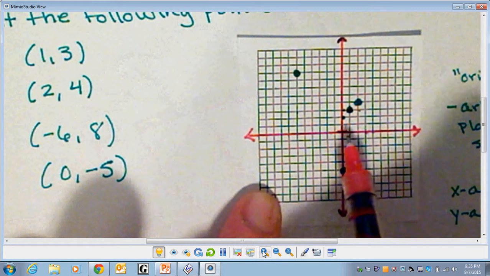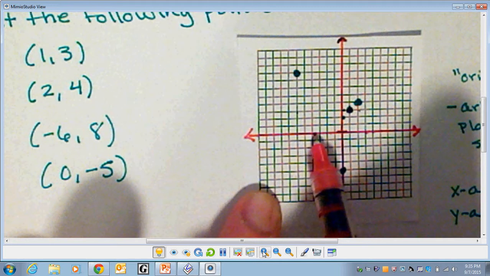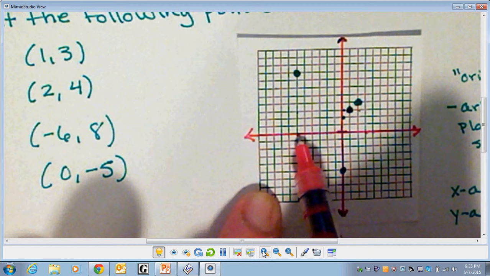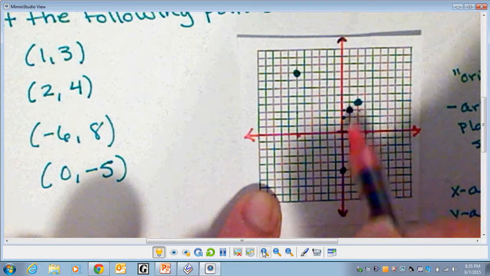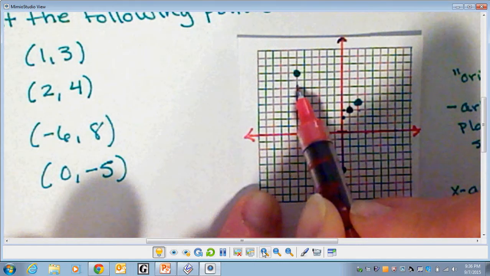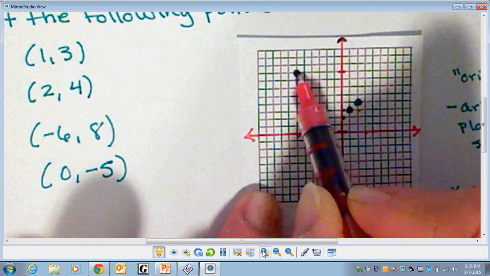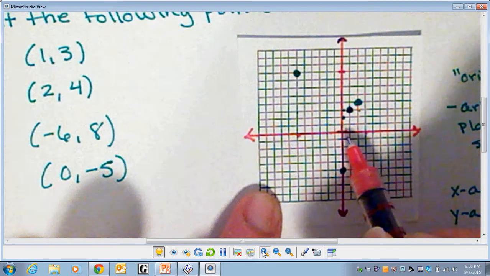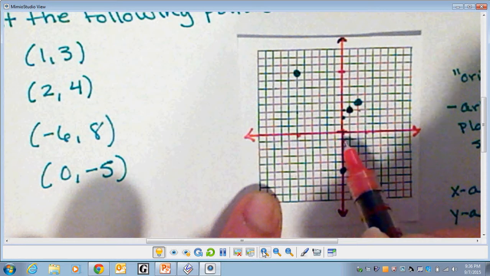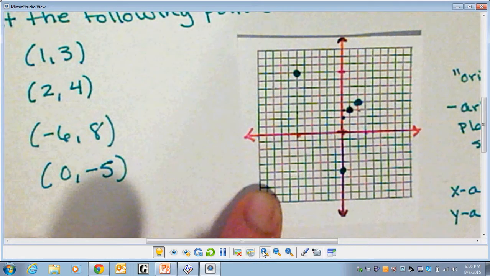X is negative 6. So if I go over here, 1, 2, 3, 4, 5, negative 6, and then y has to be 8. 1, 2, 3, 4, 5, 6, 7, 8. Right here is telling me that y is 8. Here, x is 0 and y is negative 5. So right here, x is 0, and if I go negative 1, 2, 3, 4, 5, negative 5.